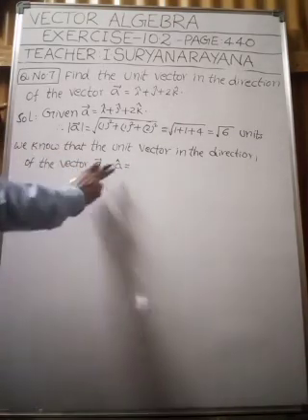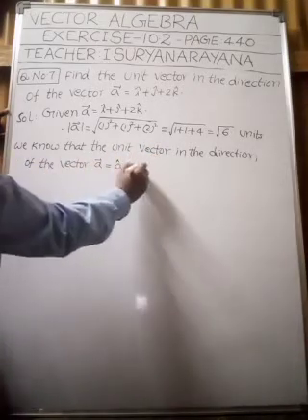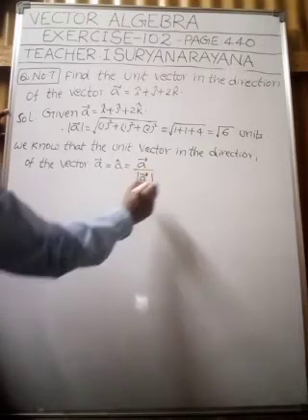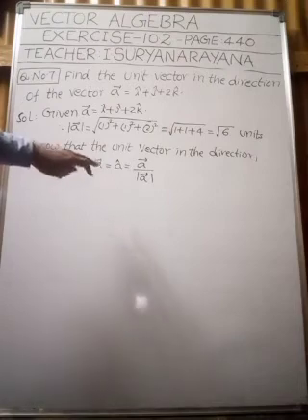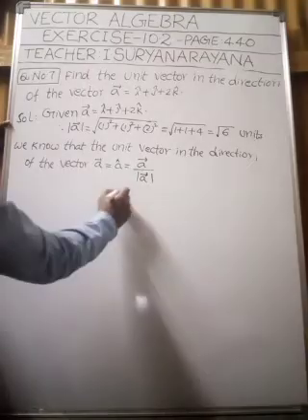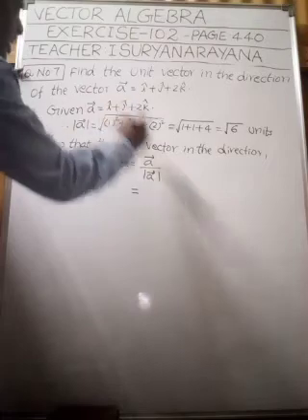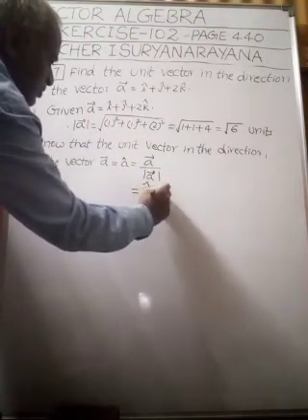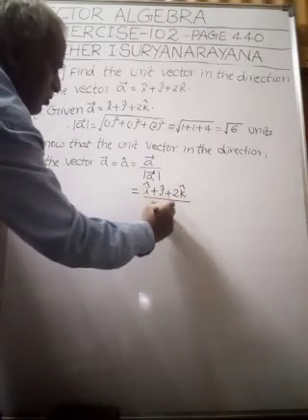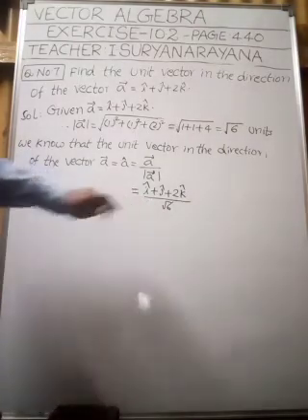Okay, my children, a cap denotes a unit vector. The unit vector in the direction of a bar is equal to a bar by mod a bar. Okay, my children, this is the formula to write the unit vector in the direction of a bar. That is equal to, what is a bar here? i cap plus j cap plus 2k cap, whole divided by root 6. Mod a bar is root 6 units. Okay, my children, understood this step.